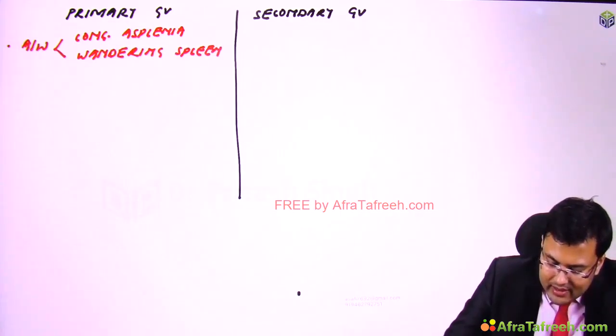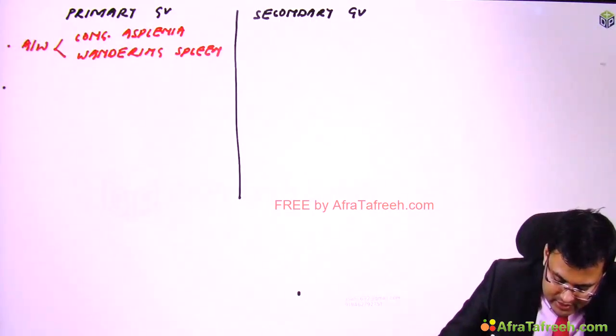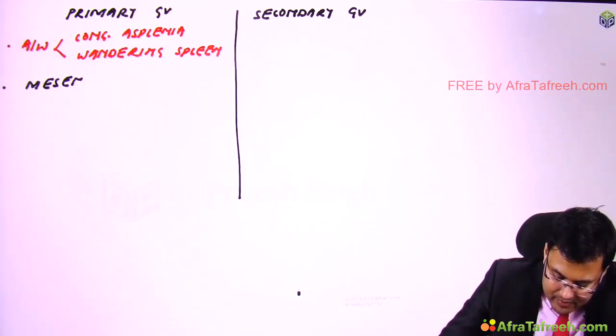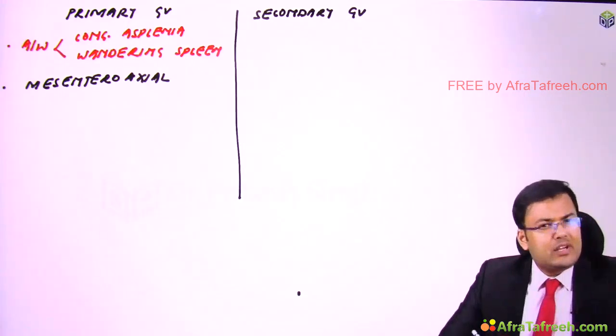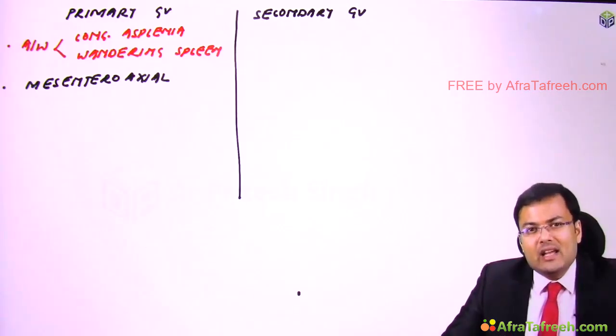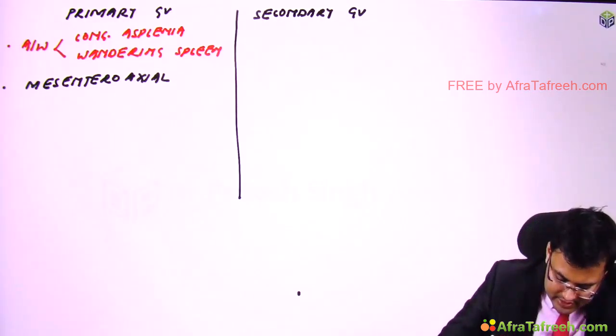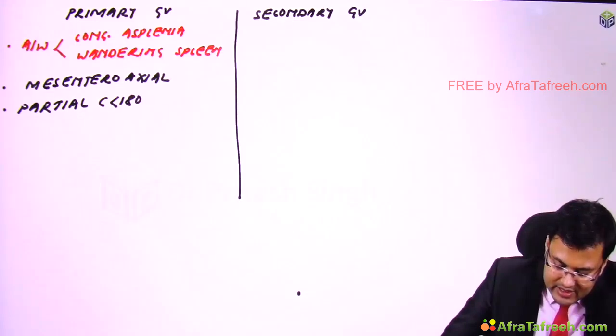And generally in primary gastric volvulus, which volvulus is seen? It is associated with mesenteroaxial volvulus. This mesenteroaxial volvulus is partial, means it's less than 180 degree and it's recurrent.